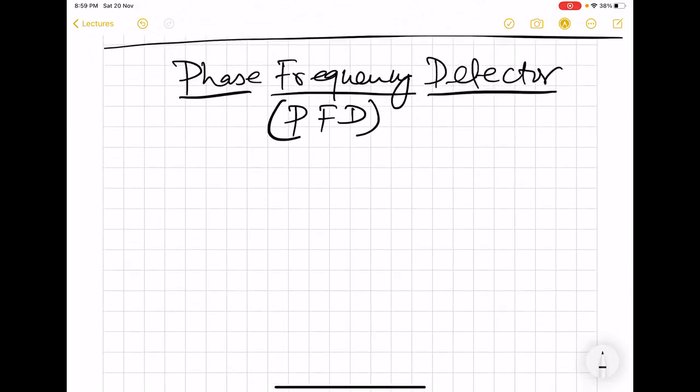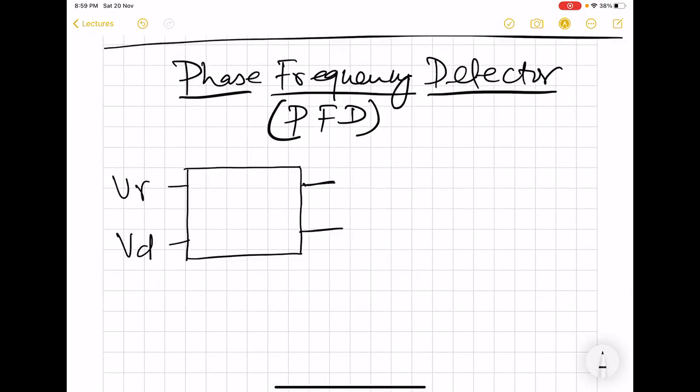So this, in terms of block, of course, has two inputs like the SR case, and we will call these inputs VR, coming from the reference, and VD, coming from the divider. But it has two outputs. Although the SR latch also has two outputs, we use only one of them, the Q output.